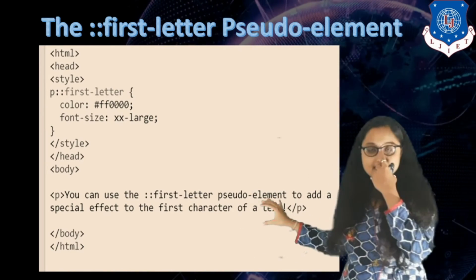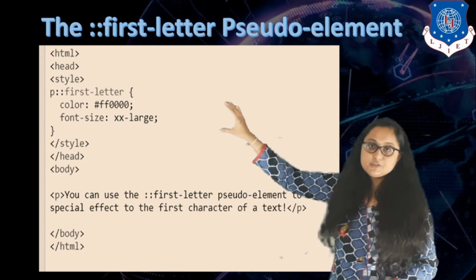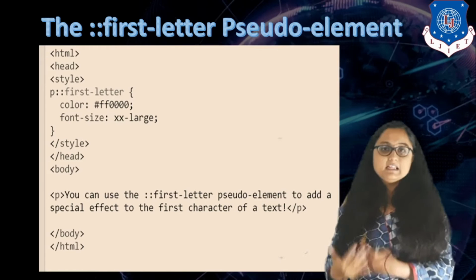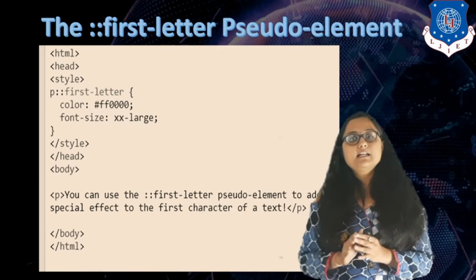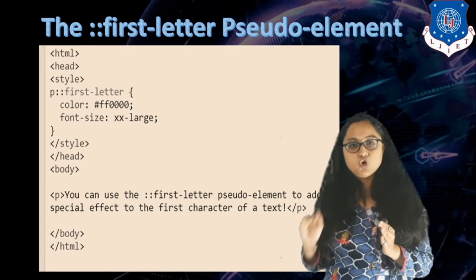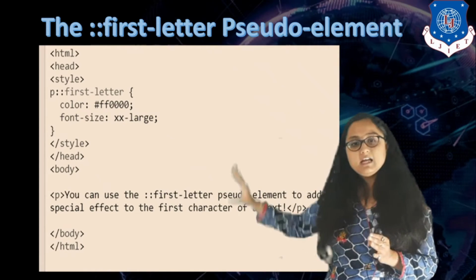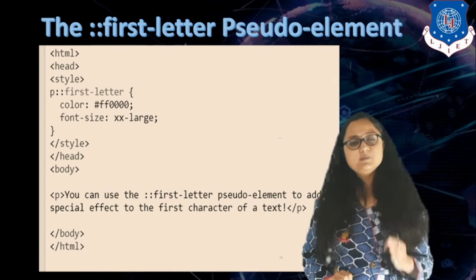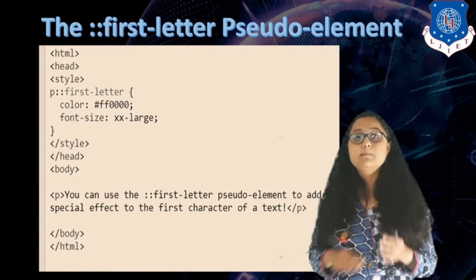Here again I have a paragraph, which I have taken for styling with the first-letter pseudo element. For that I have written the selector P, then my operator double colon, and then the pseudo element name first-letter. I have specified the color to be red for the first letter and font size XXL.